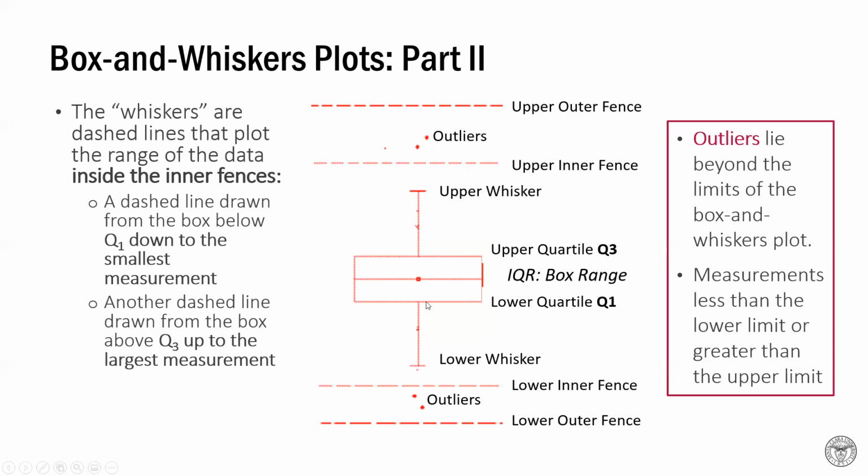These two dashed lines are called whiskers. The area between the lower quartile Q1 and the upper quartile Q3 is called the box. The range of the box is equal to the IQR.